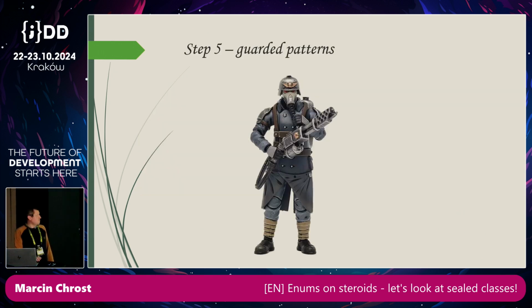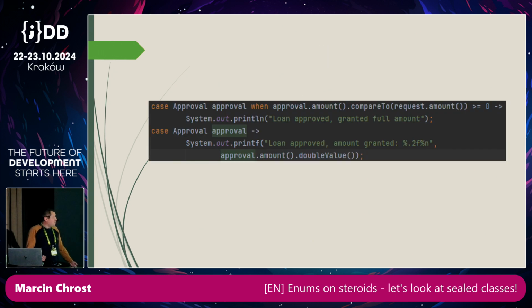And the guarded pattern, in my opinion, fits the bill for the business case we saw on the previous slide, because in this case, we can extend this switch to use more than 1 branch for the separate outcomes, even with the same type. Now you see we have 2 branches with the approval. The first one is the more narrow one, because it's executed only when the approval amount is exactly the same as requested.